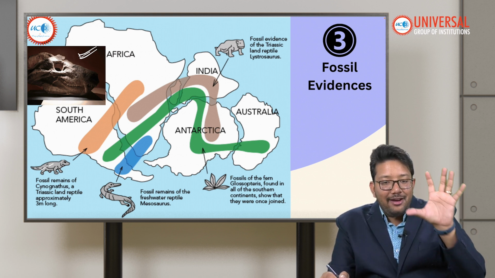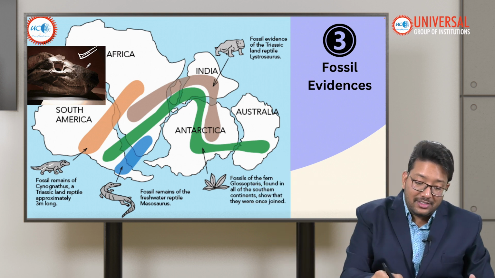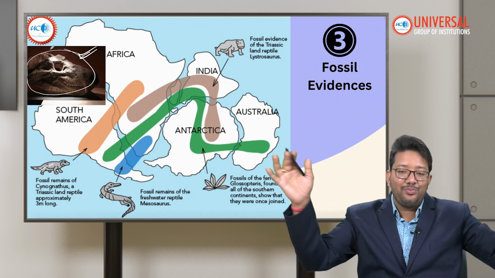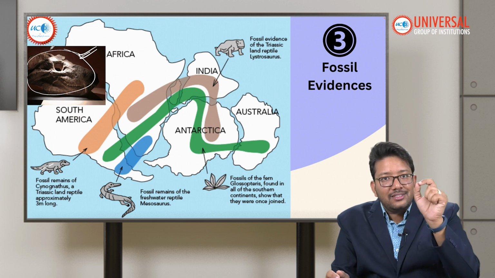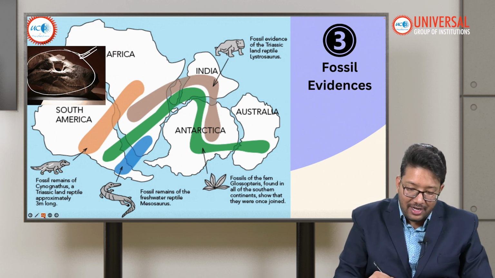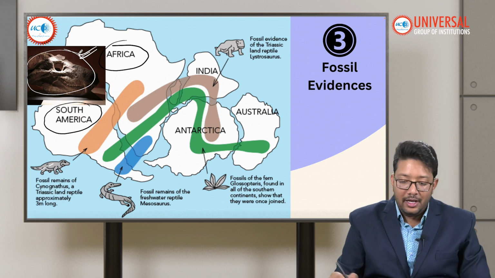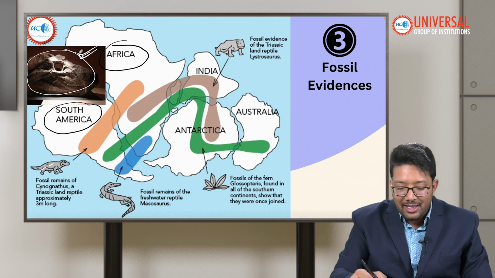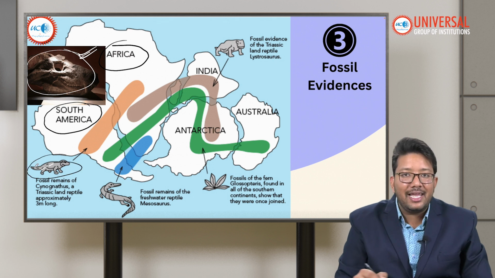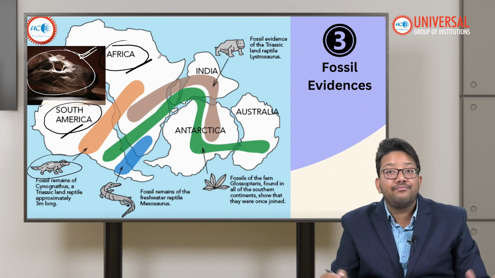It is a land reptile approximately 3 meters long. As you can see, the head alone is so big. This Cynognathus fossil has been found in South America as well as Africa. Now Alfred Wegener is saying, how come this reptile, which cannot swim, is found in both Africa and America?